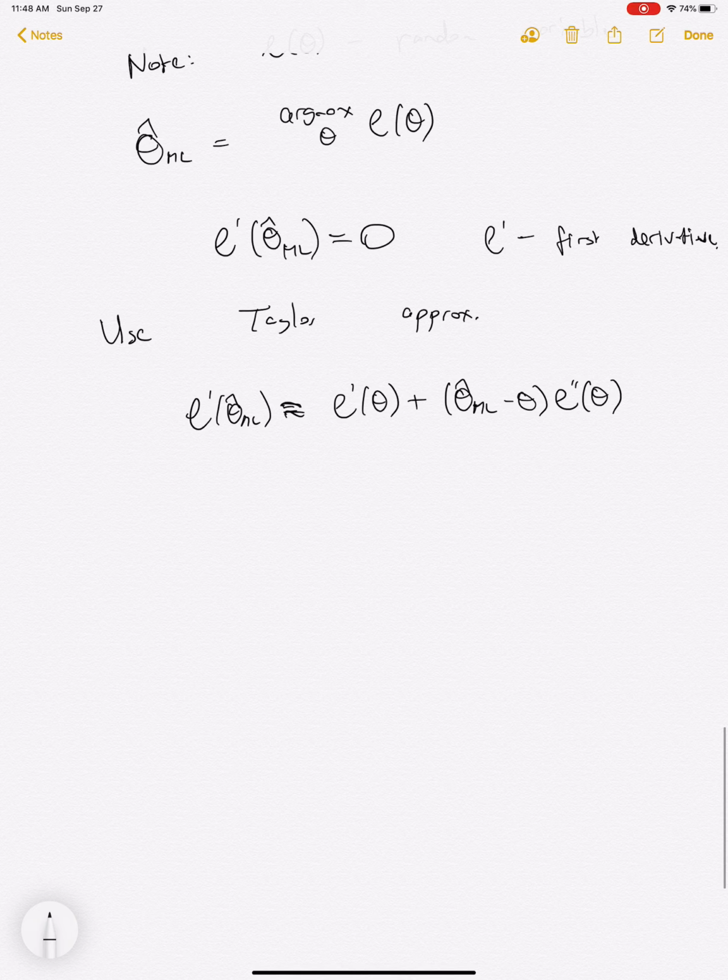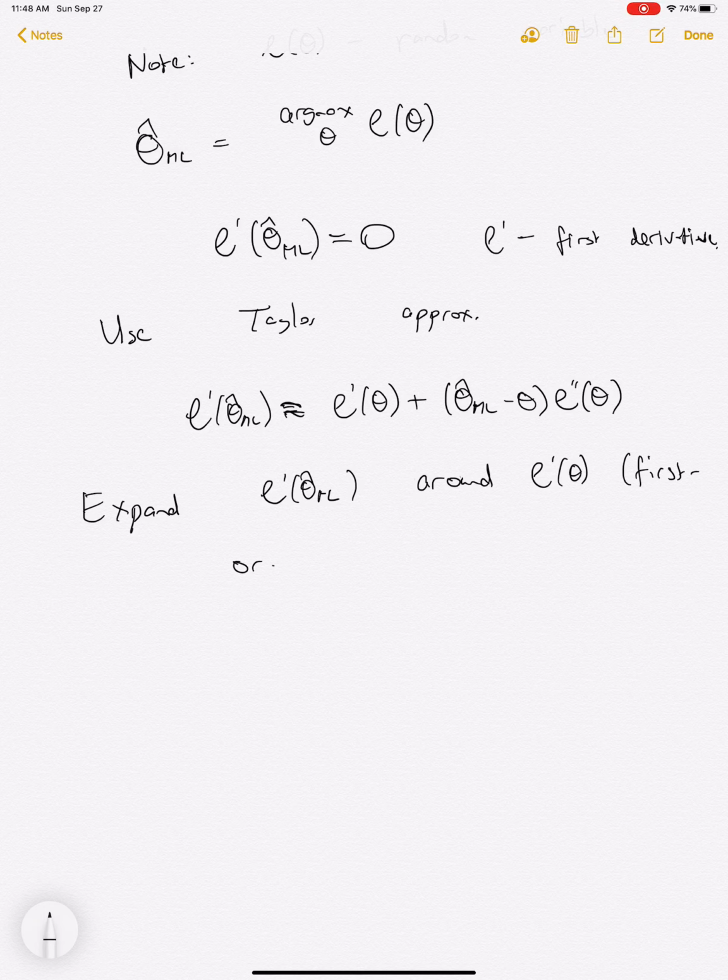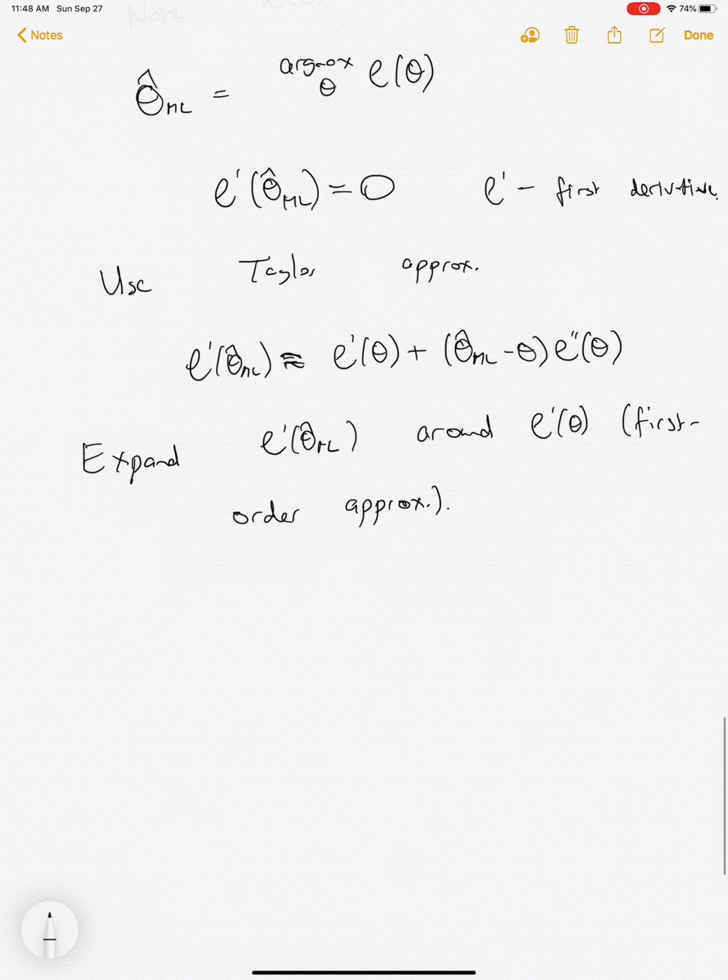And so this is the first order Taylor approximation, and you can show, and I'm not going to do this rigorously, that the other terms aren't significant when we look at the asymptotics.